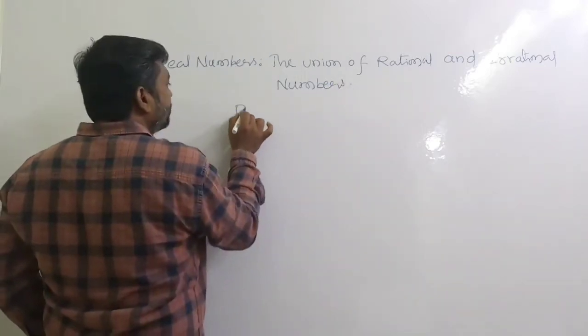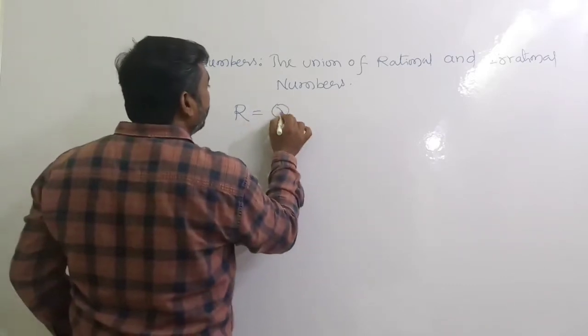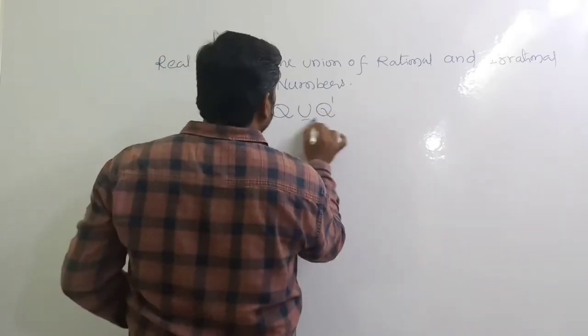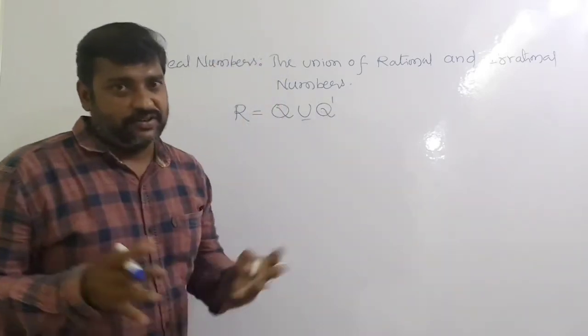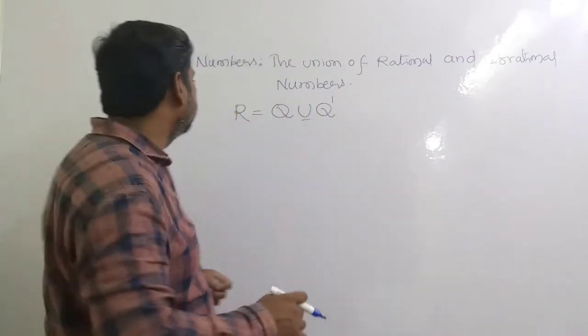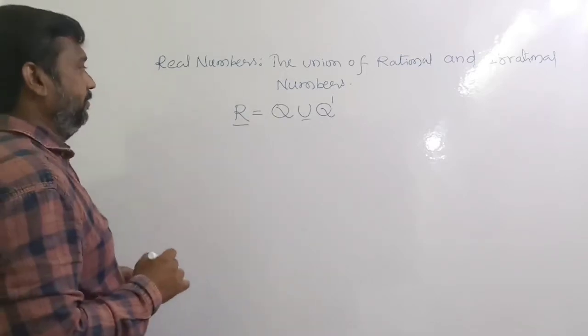The set of real numbers is denoted by R. So R can be written as Q union Q dash. Here union means combination. The combination of all rational numbers and irrational numbers gives us the set of real numbers.